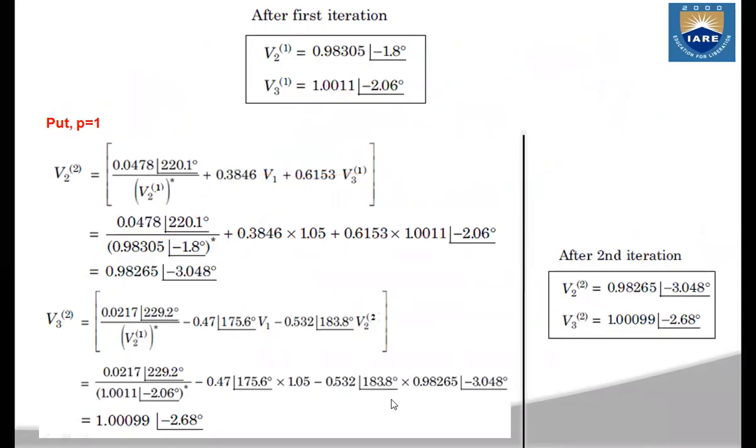V3 in the second iteration is 1.000999 at an angle of minus 2.68 degrees. Here, this is the magnitude of V2 and this angle is delta 2. This is the magnitude of V3 and this is delta 3. Okay, how to take those values.